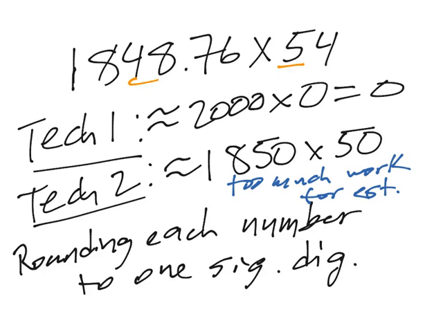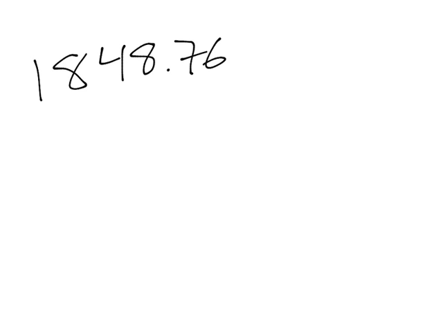So finally, let's look at rounding each number to one significant digit. Once again, we're trying to estimate 1,848.76 times 54. When you're rounding to one significant digit, each number has its own place value that it's going to round to. The most significant digit in the first number is the 1 in the thousands place, and the most significant digit in the second number is the 5 in the tens place.